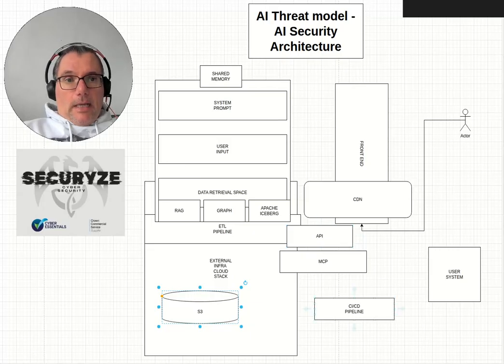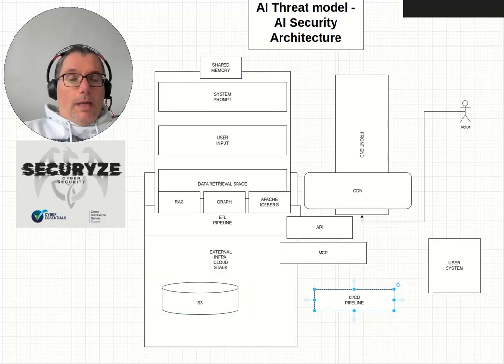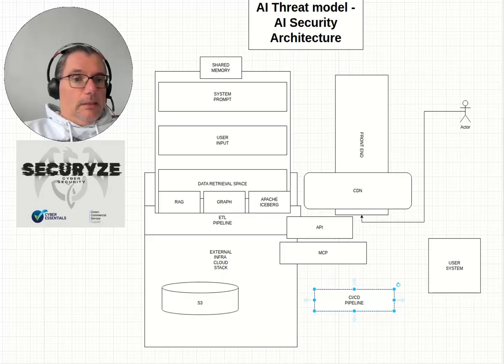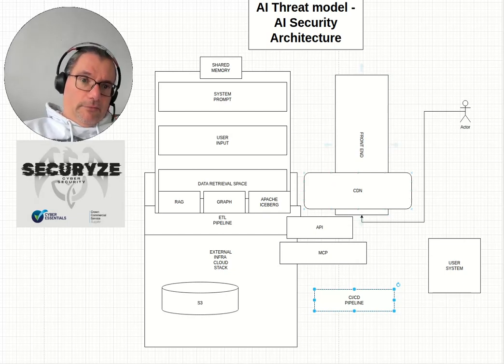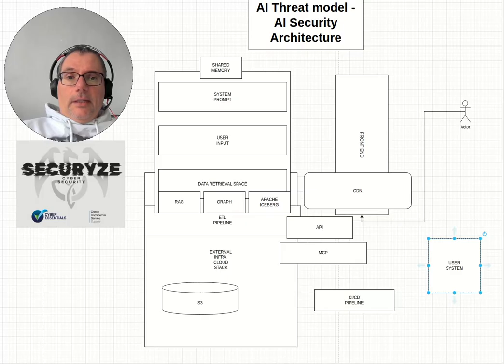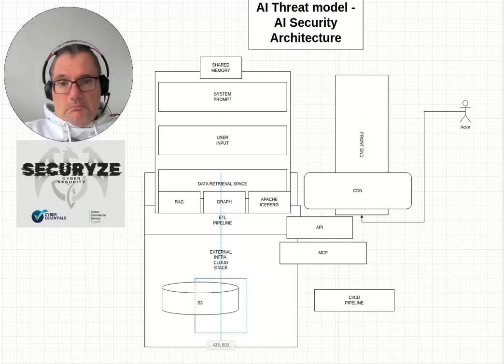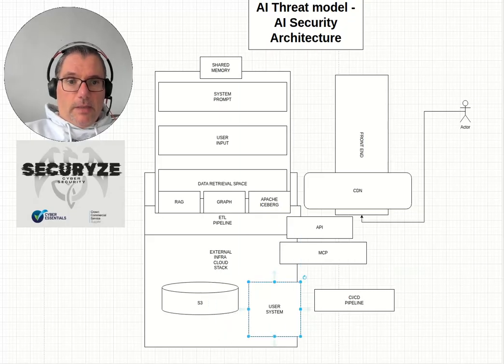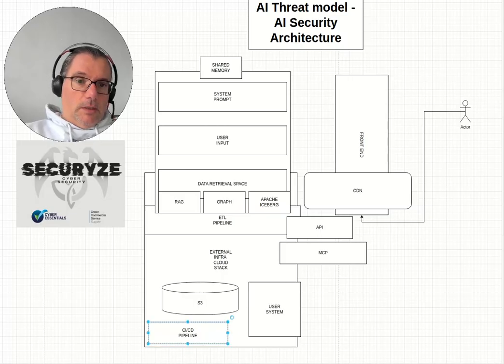It can have a token problem where some token gets exfiltrated through the CI/CD pipeline. You can have CDN cache poisoning. You can have a front-end compromise. Or you have a third server, but let's put it here in the external infra cloud stack, and we put the CI/CD into that too because it's anyway comparable.